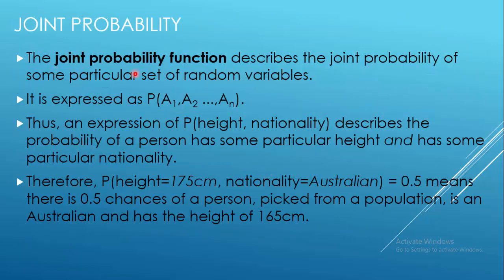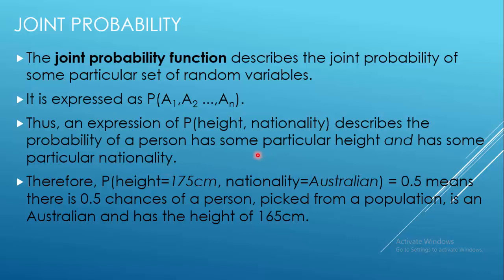The joint probability function describes the joint probability of some particular set of random variables, and it is expressed as probability of a1, a2 up to an. Thus, an expression of P(height, nationality) describes the probability of a person having some particular height and some particular nationality.